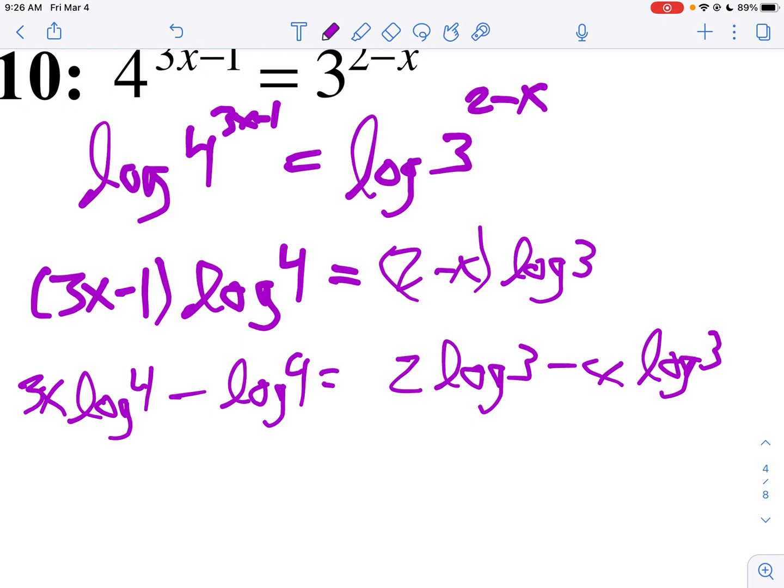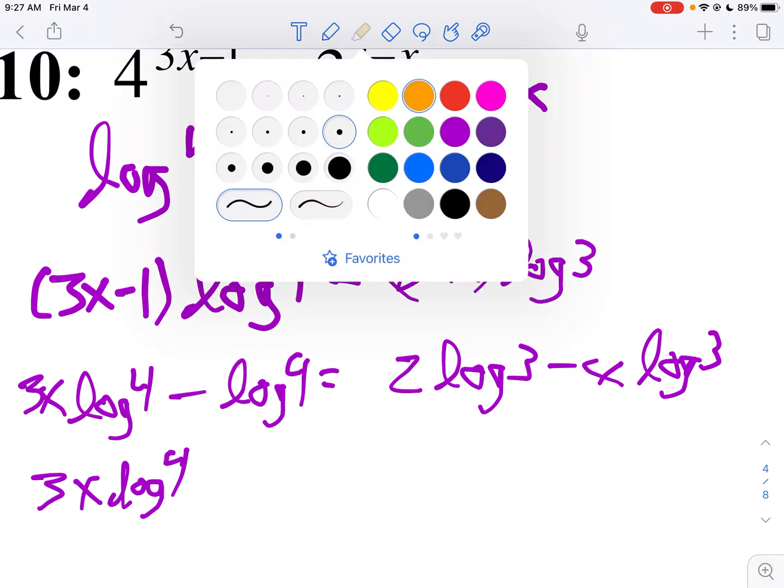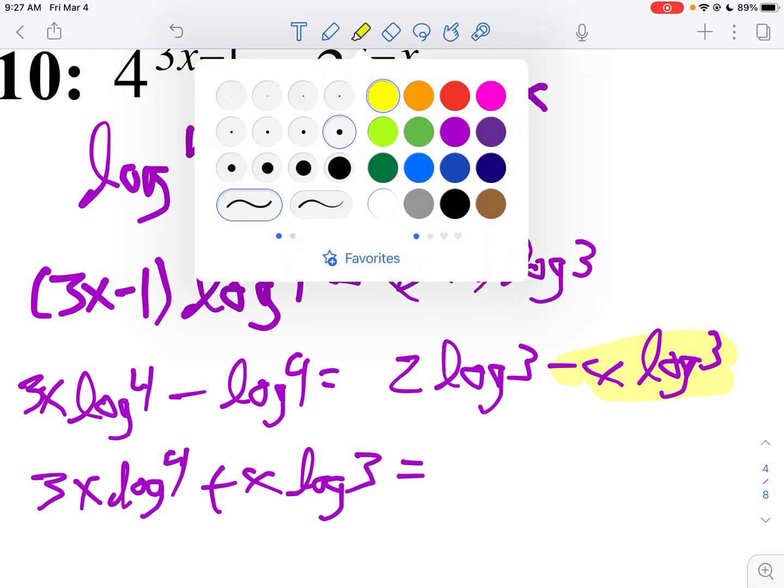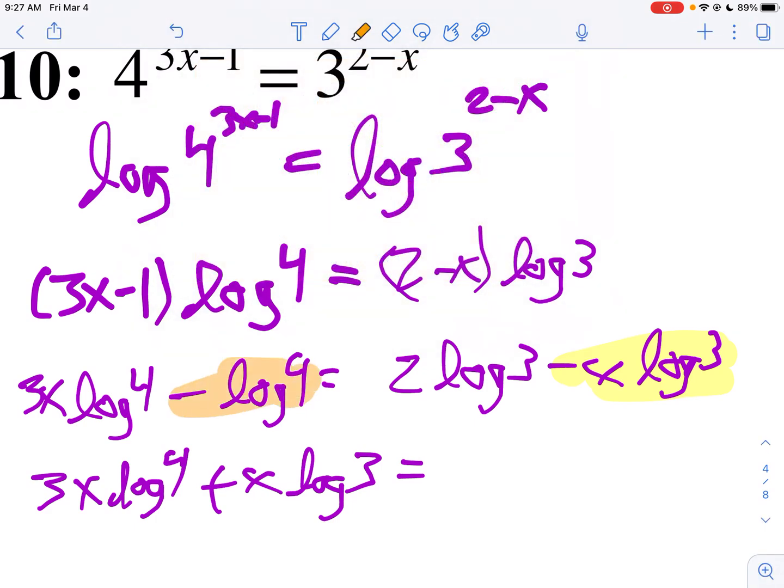So I'm going to say 3x log 4, and then I'm going to move my negative x log 3 to the opposite side. So plus x log 3 equals, then I'll move that log 4 to the opposite side, so I'm going to add it: 2 log 3 plus the log of 4.